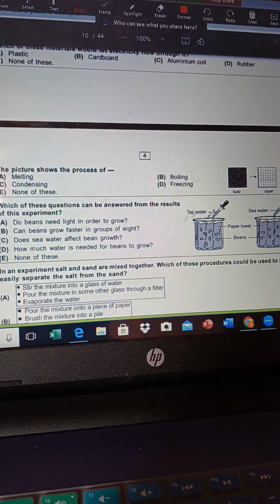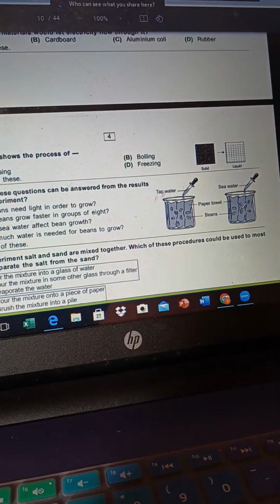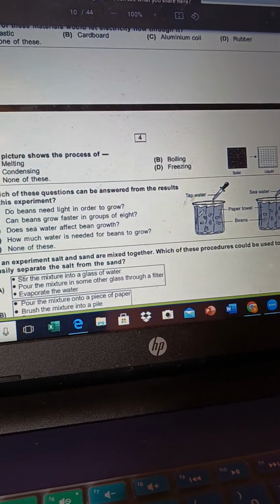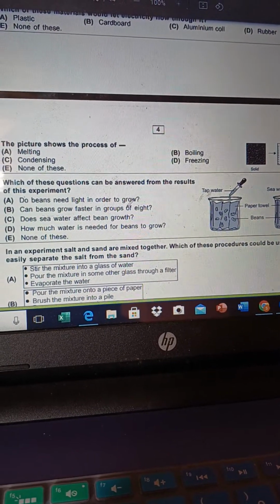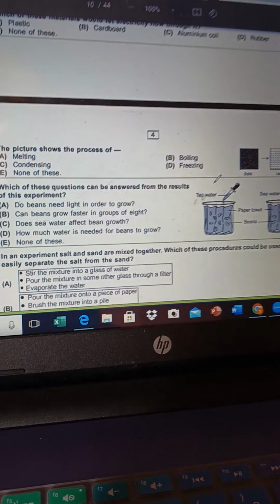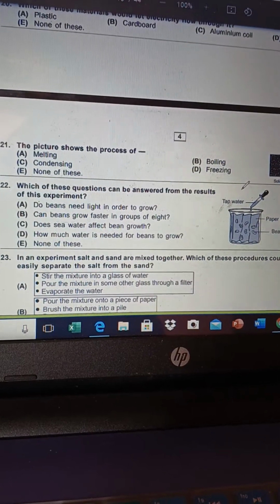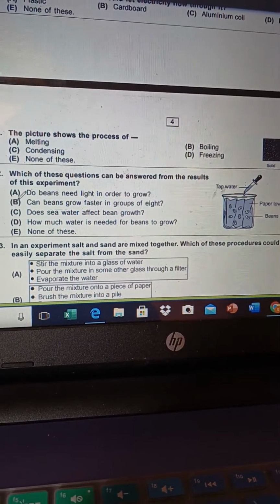Okay, which of this question can be answered from the result of this experiment? See, there is some tap water, some sea water, a paper towel, and in that paper towel we have the beans. And so, do the beans need light in order to grow? That we can't understand because there is no sign of sunlight, and nowhere it's written sunlight. So, number A, we can't understand from this experiment.